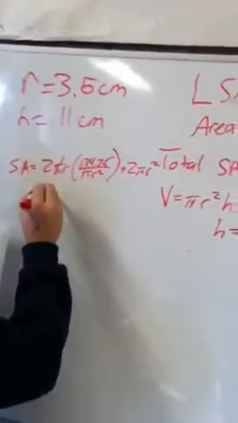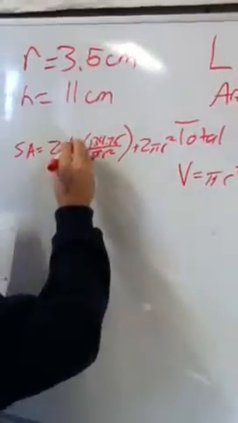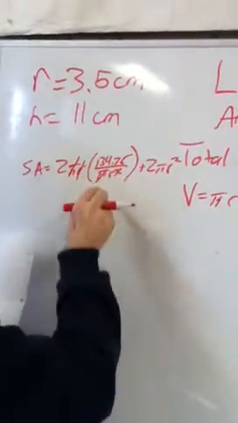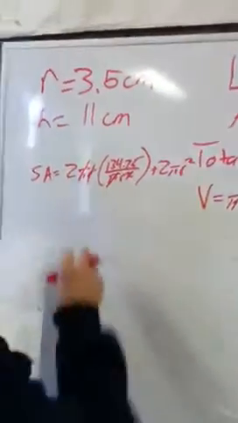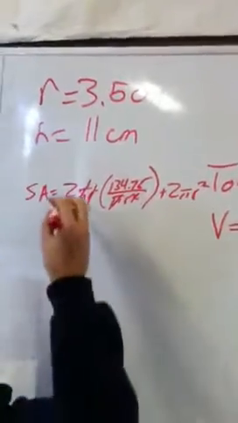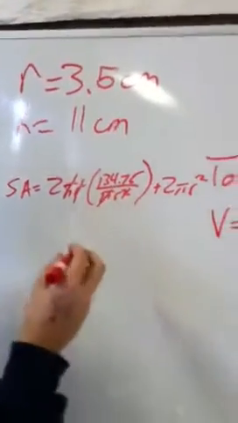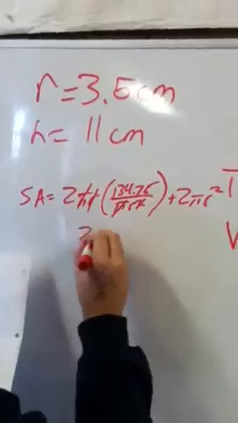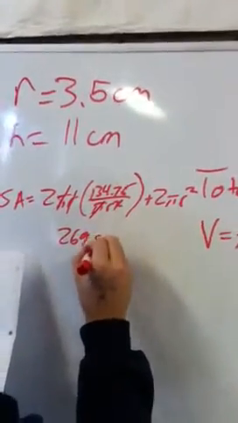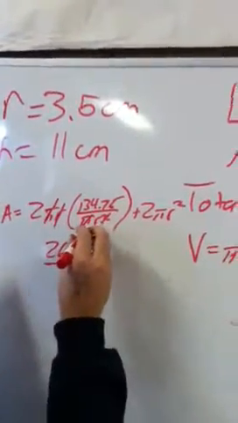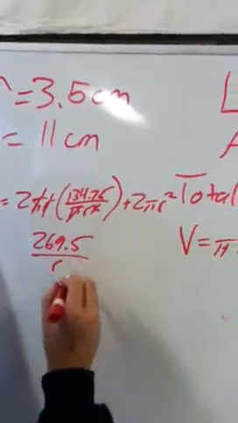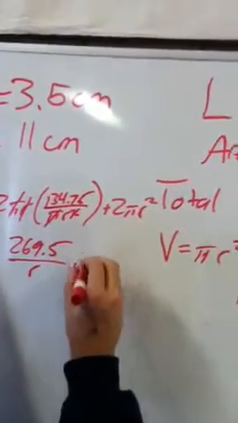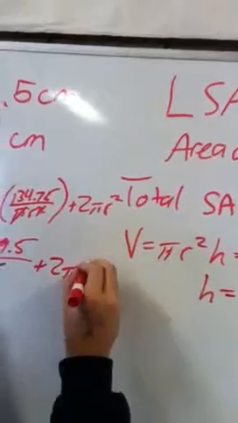So this pi here cancels that pi there, and this r cancels one of those r's. So we still have an r left on the bottom. So now we're going to multiply. So we multiply 2 times 134.75, which will give us 269.5 over the r, because there's still one more r left even though we canceled one out. So we have an r, and then we just bring this down to pi r squared.